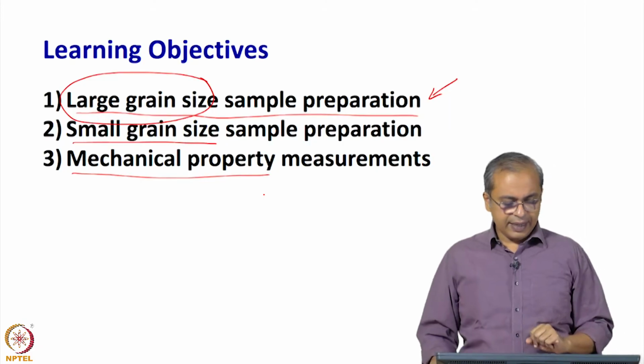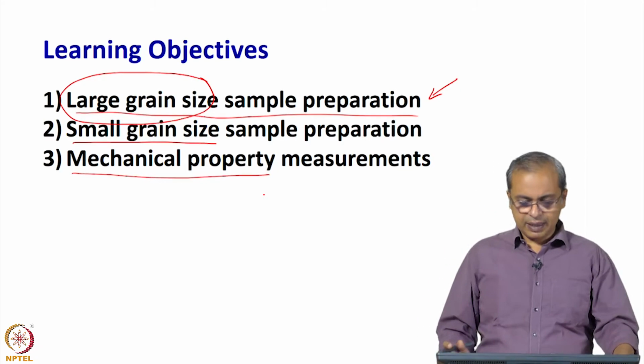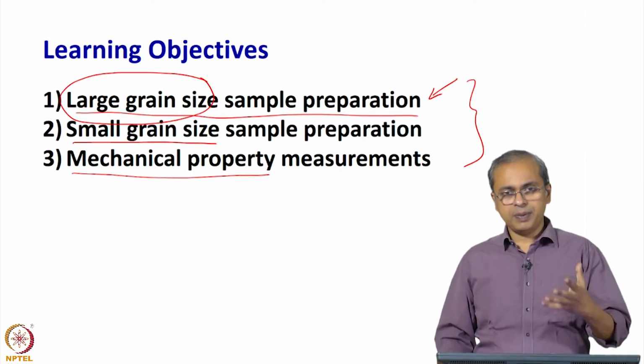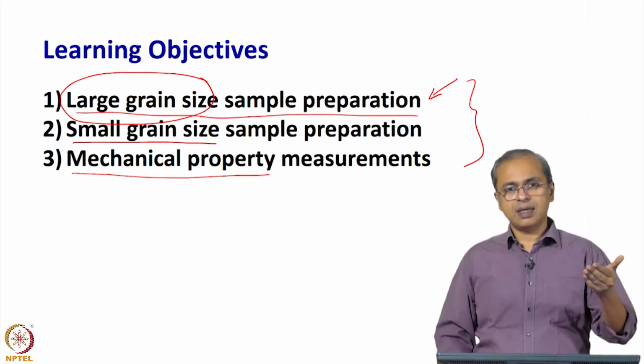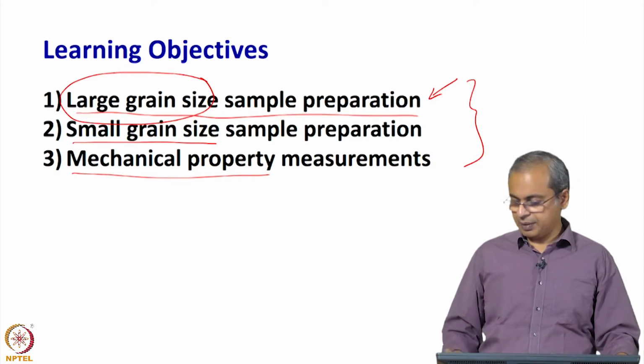So, this is the idea here, and since in this class we are looking at the experimental aspect of it, in all of these cases we are essentially going to focus on the experimental part of how you would get the large grain size, how you would get the small grain size, and how you will make this mechanical property measurement.